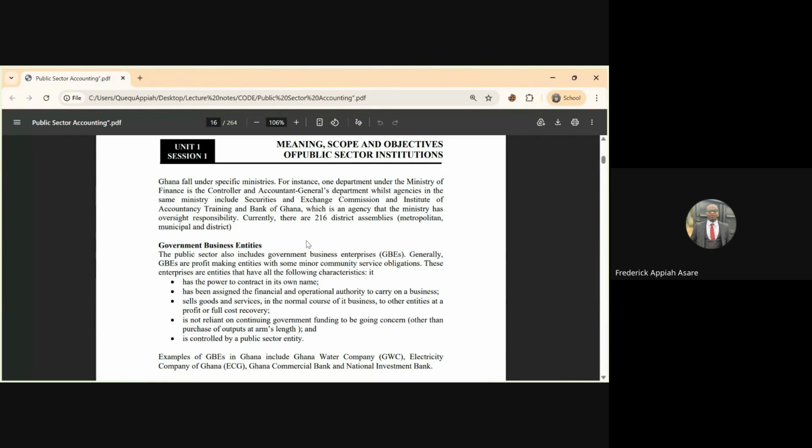We call them government business entities. So government business entities are profit-making entities with minor community service obligations.